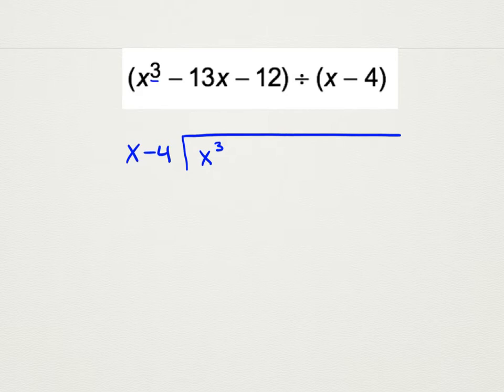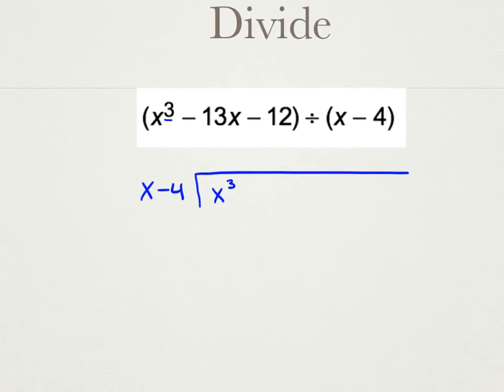We have x cubed. We don't have an x squared term here. But it's important when dividing that we have representation from every term. So here, we would have to put a 0x squared. So if we start with x cubed, we need x cubed, x squared, x, and a constant.